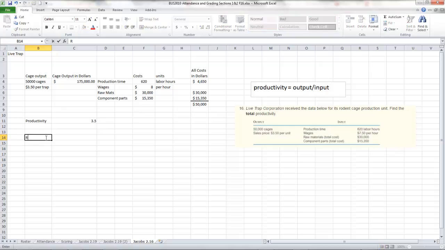You've probably learned about ROI, which is return on investment. So that says dollars in would be your inputs, and what was your output. So if you consider all these your investments, then the productivity would be 3.5. That means it made 3.5 times as much money on what you put into it. That's what we're looking at, productivity, ROI.